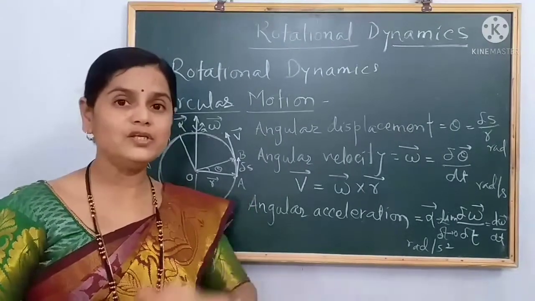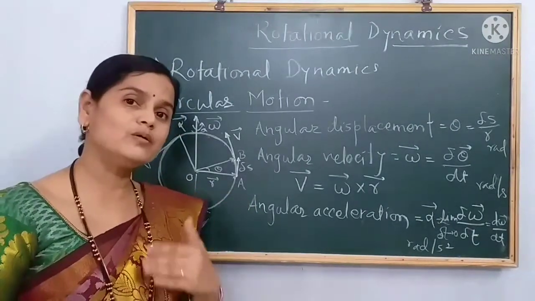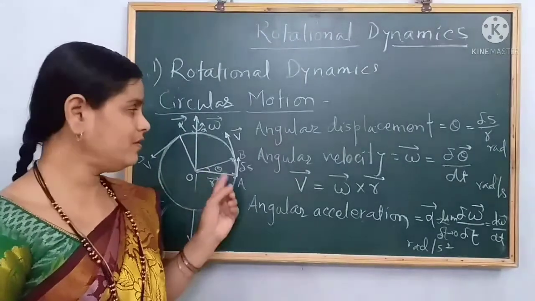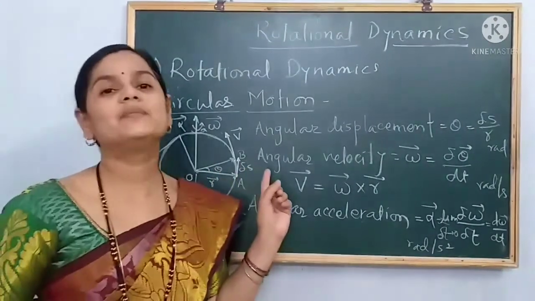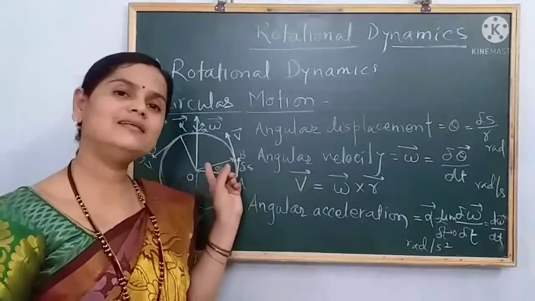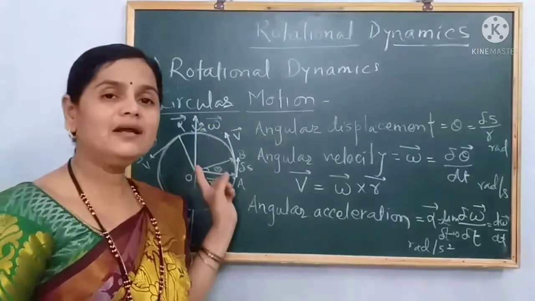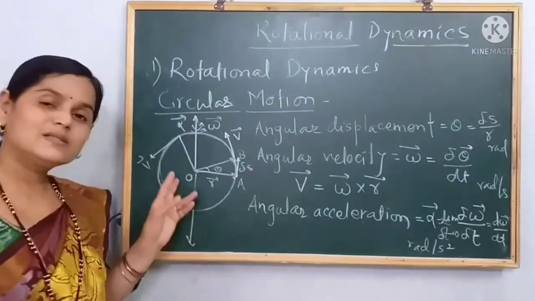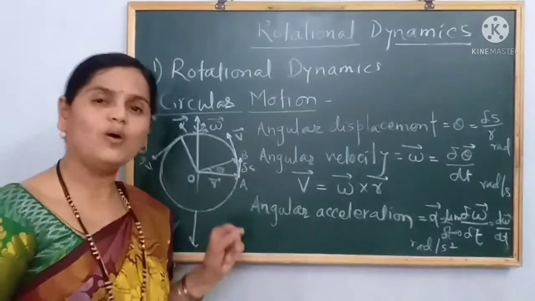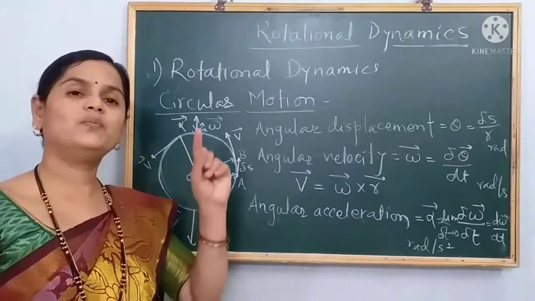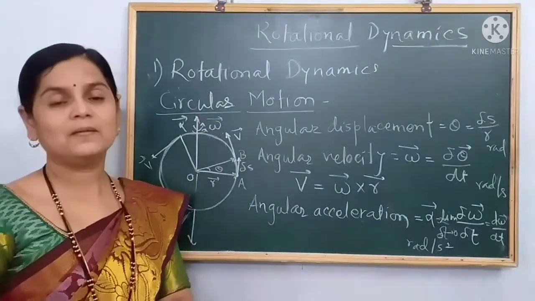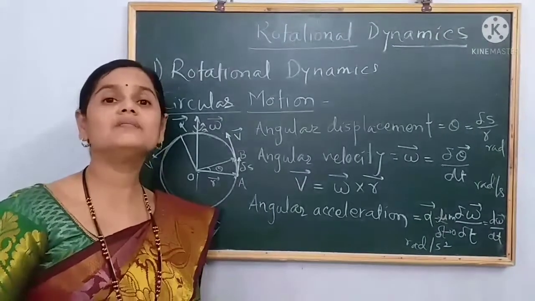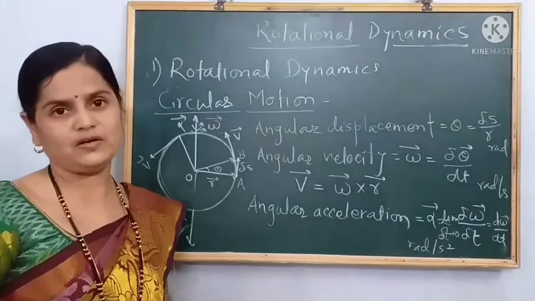During this increase in speed it possesses acceleration, and this acceleration is in the direction of angular velocity. Whereas suppose the fan is switched off, then the speed goes on decreasing, means angular velocity goes on decreasing and ultimately becomes 0, that is deceleration takes place.